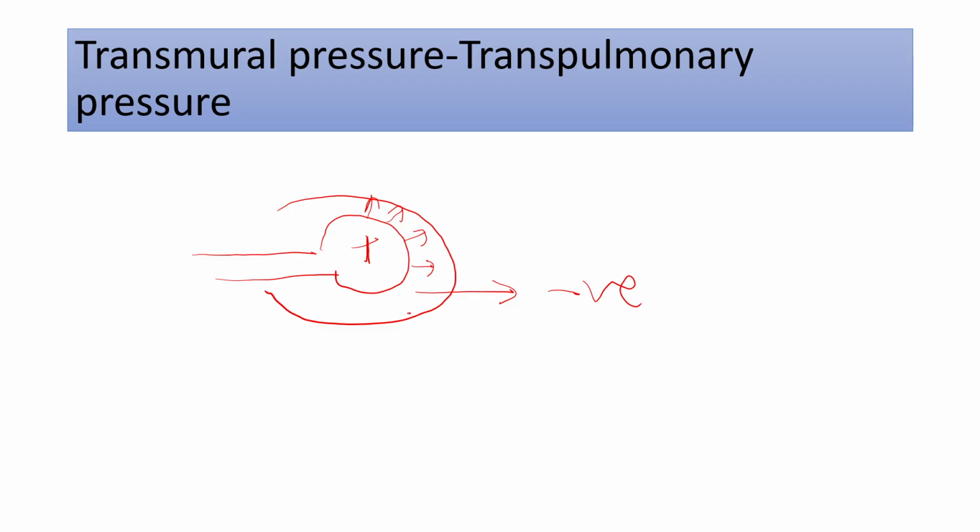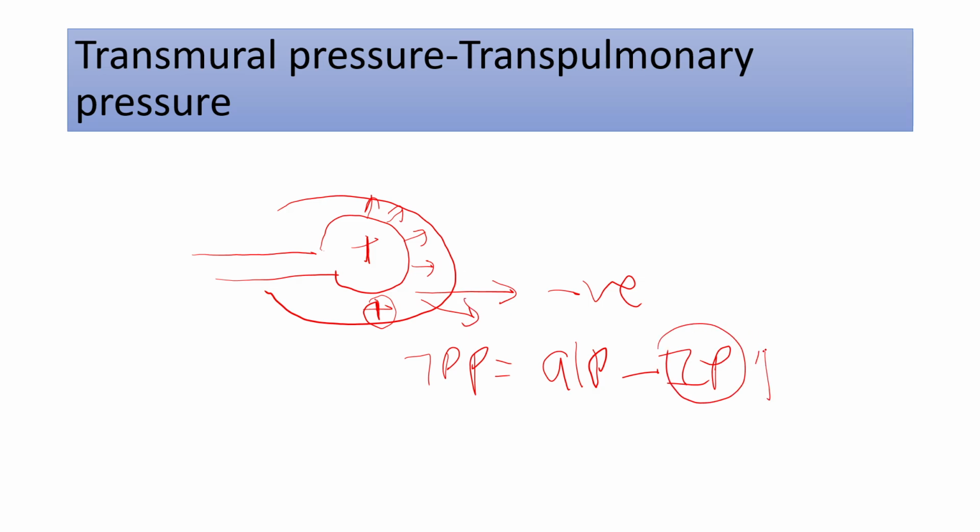TPP is equal to alveolar pressure minus intrapleural pressure. If intrapleural pressure increases above your alveolar pressure, then transpulmonary pressure becomes low. In that case, you will develop atelectasis or collapse of the alveoli. That is what we don't want.